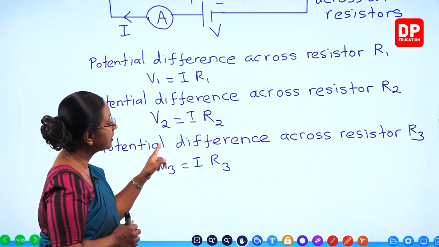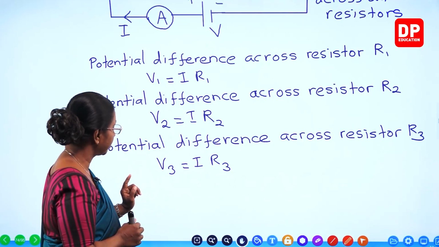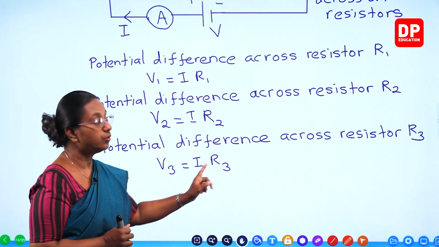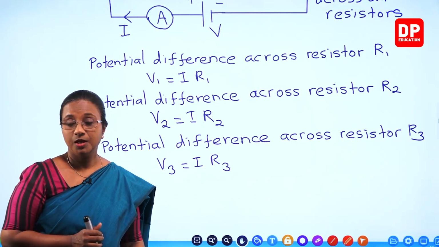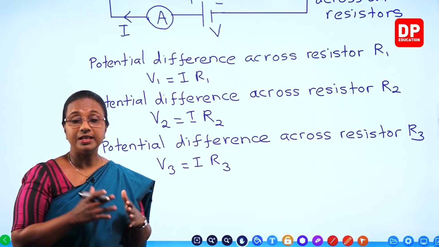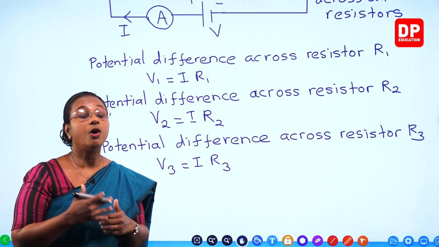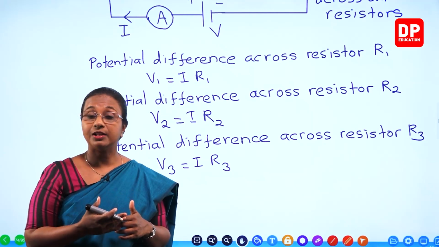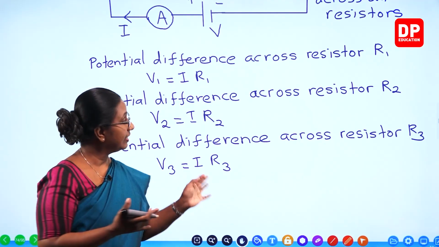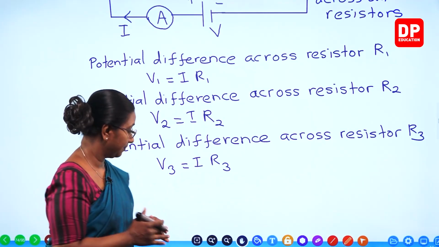Whereas potential difference across resistor R3 is V3 equals I into R3. So from these three equations, we can get an equation to calculate the equivalent resistance. I will do that in the next slide.